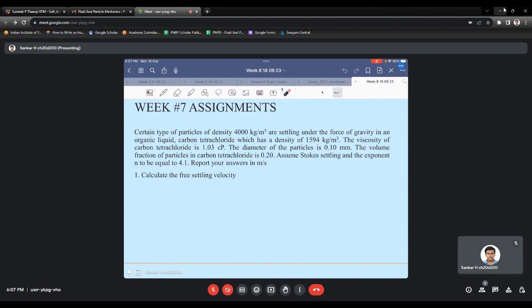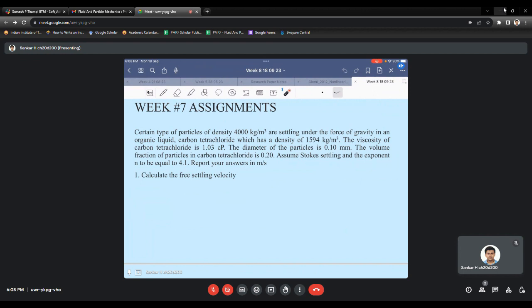Certain type of particles of density 4000 kilogram per meter cube are settling under the force of gravity in an organic liquid, CCl4, that is carbon tetrachloride, which has a density of 1594 kilogram per meter cube. The viscosity of CCl4 is 1.03 centipoise, and you know that centipoise is 10 raised to minus 3 kilogram per meter second.